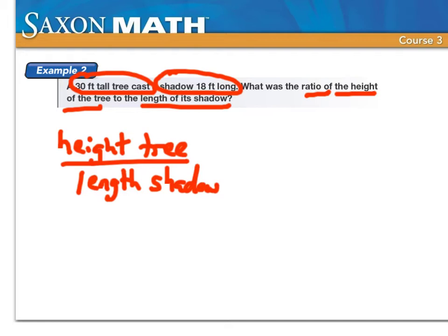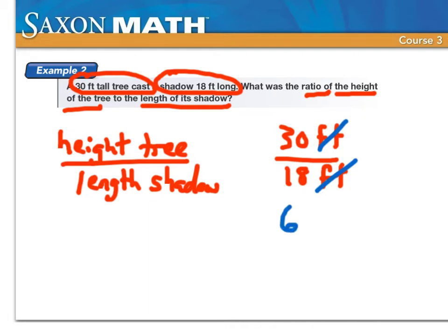Now I'm just going to fill in the numbers. My tree is 30 feet tall, and the shadow is 18 feet long. Well, these two units cancel each other out, so now I just have to worry about the number. Simplify if possible. So what's a number that goes into both 30 and 18?